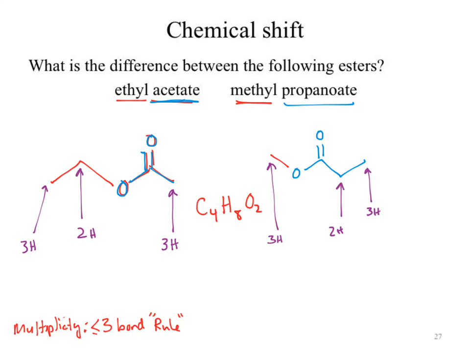Usually less than or equal to 3 bonds qualifies as a neighbor. Neighbors plus 1 equals the number of peaks we see. So if we go back to our problem up here, add a little bit more detail in this.